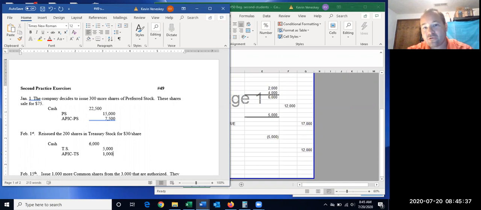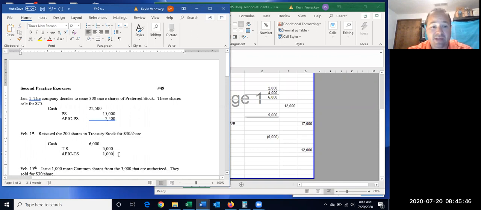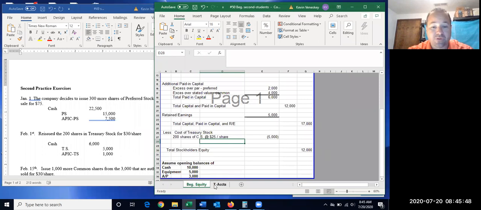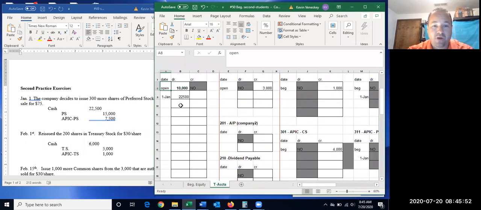So now if I ever sell treasury stock for less, I have a little bit of leeway. I have $1,000 I can play with and still not have to affect my retained earnings, which I don't ever really want to. So I'm going to come over here to my cash on February 1. Put in 6,000.